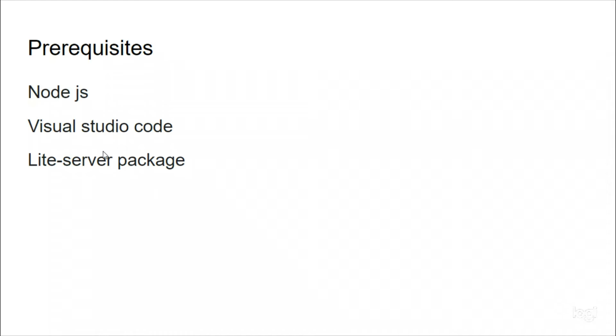I will show the example after this lesson. In future lessons, I will show how to install Node.js, Visual Studio Code, and the Light Server package, and a few more things about them.